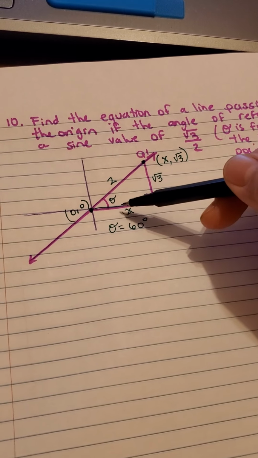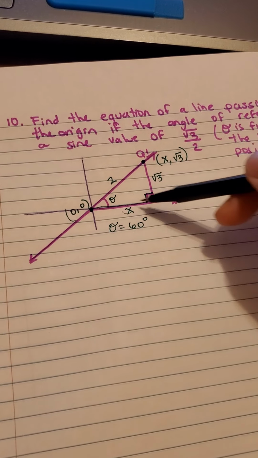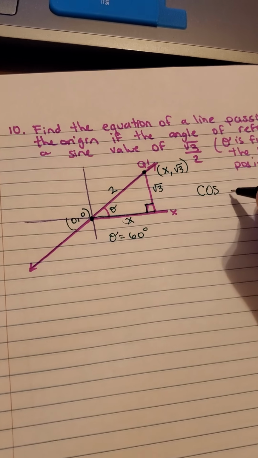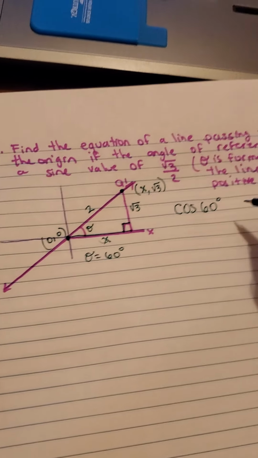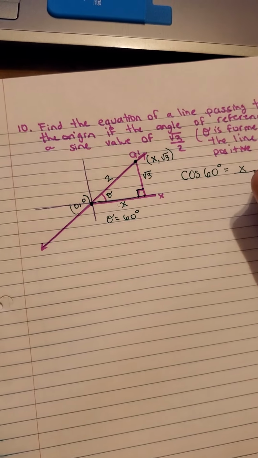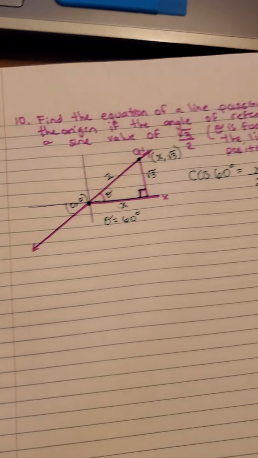So if we do cosine of theta, it's going to be adjacent divided by hypotenuse. So we're going to do cosine of theta, which is 60 degrees. We figured that part out. Equals adjacent divided by hypotenuse.